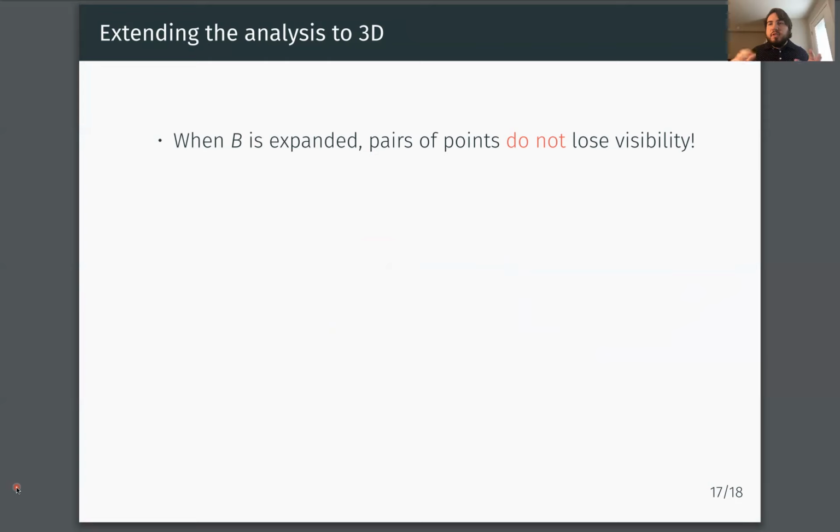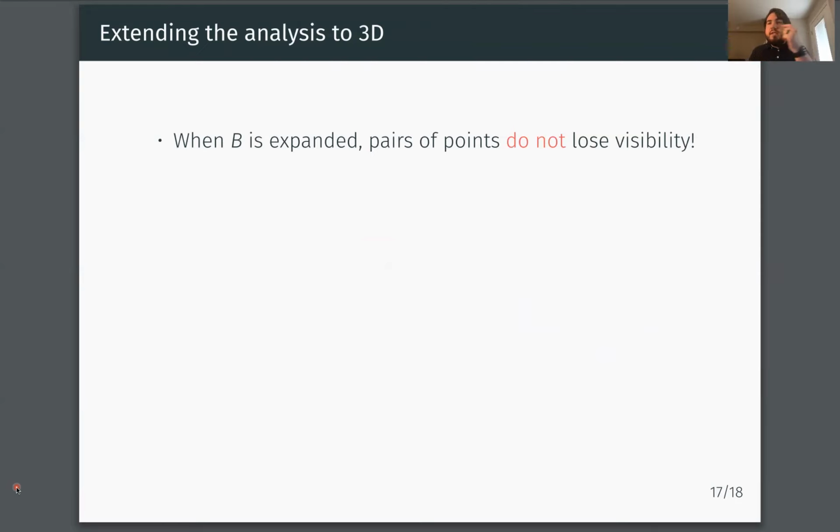B is an inner approximation, which is now a polytope in 3 dimensions. The problem is that before, our potential function counted the number of pairs of points which have visibility between each other. But in 3 dimensions, when you improve an inner approximation, pairs of points do not necessarily lose visibility.